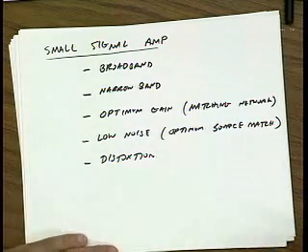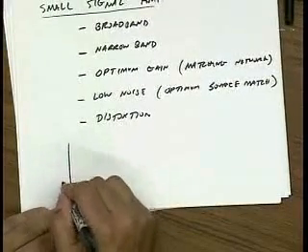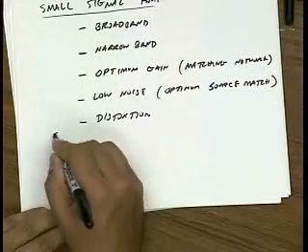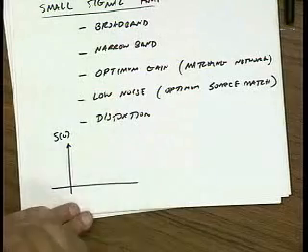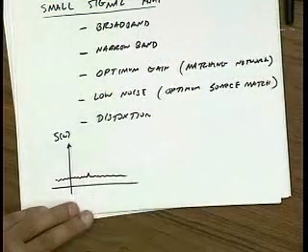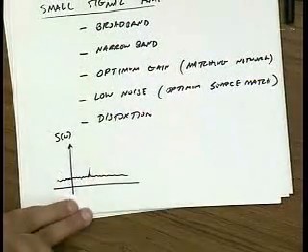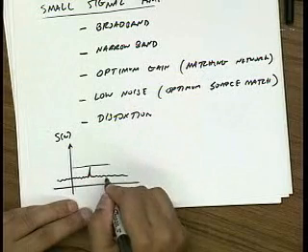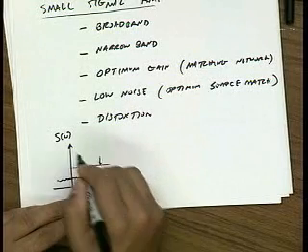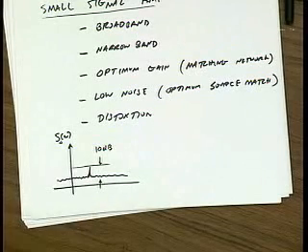Okay? So let me draw a couple of pictures. Let's say that I look at the output spectrum of an amplifier for a very small signal, and I see something like that. Let's say this signal is 10 dB above the noise floor, right?